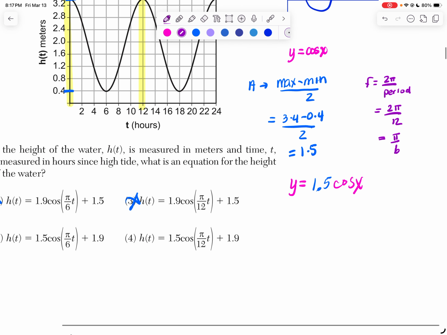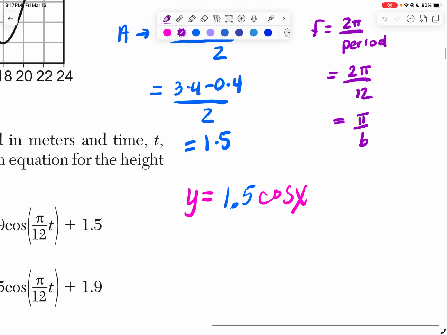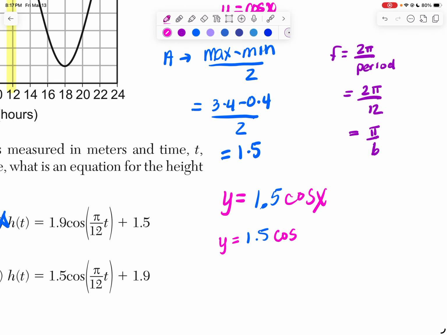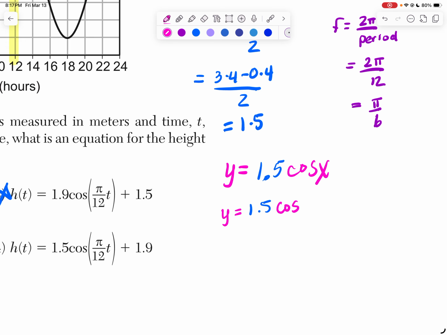So now my equation is going to be y equals 1.5 cosine, and now I'm going to do pi over 6 because that's what's attached to my variable. And now I close my parenthesis.